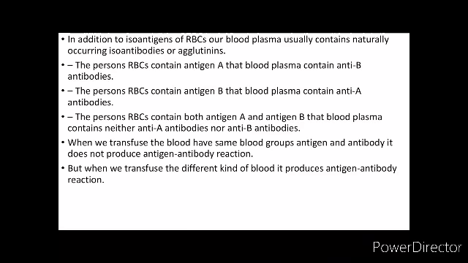Similarly, if the person's RBC contains antigen B, that blood plasma will contain anti-A antibodies, or in simple words, blood group B person's plasma will have anti-A antibodies. Now, if the person's RBC contains both antigen A and antigen B, that means he has blood group AB.